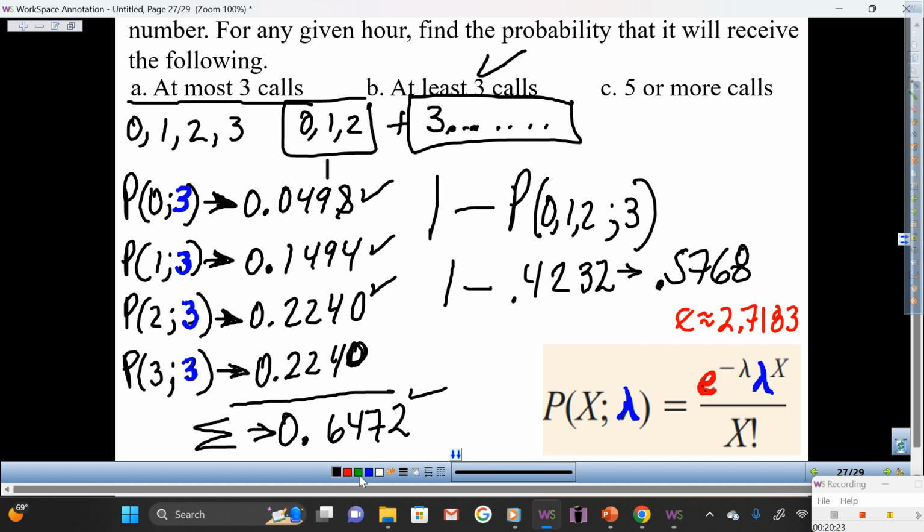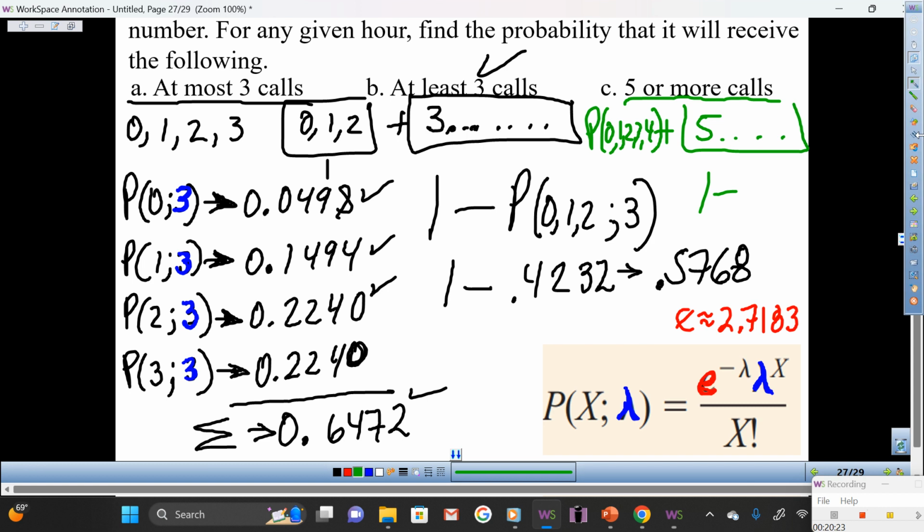Tell your neighbor, please. That it's from 5 and on, right? 5 and on plus what gives us 1? P of 0, 1, 2, 3, and 4. So that means we need to find one more, right? Aside from these, subtract it from 1, and that gives us the P of 5.